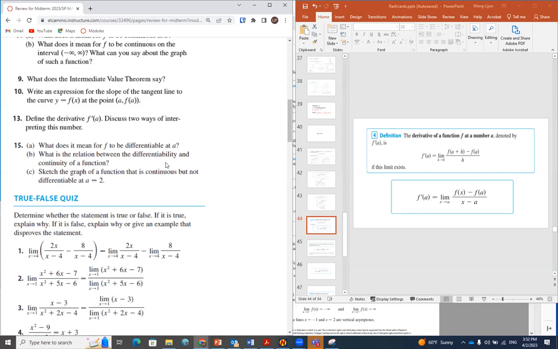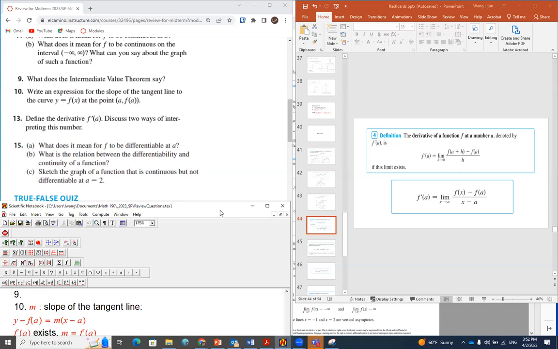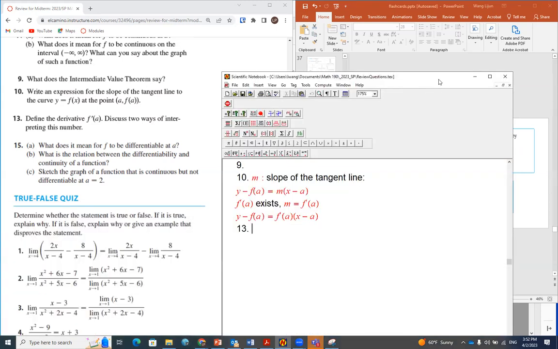What is the relation between differentiability and the continuity of a function? That's interesting. We talk about it in class. So that's number 15.